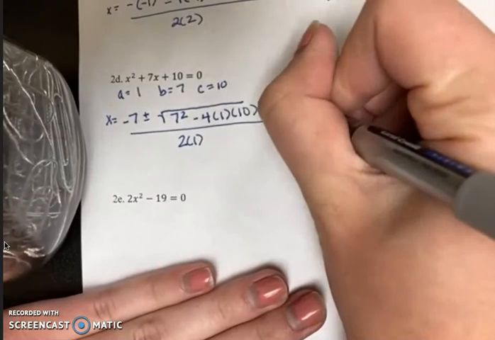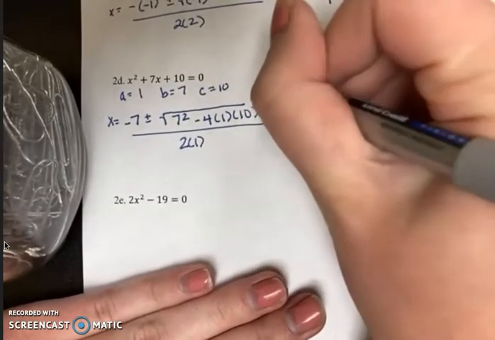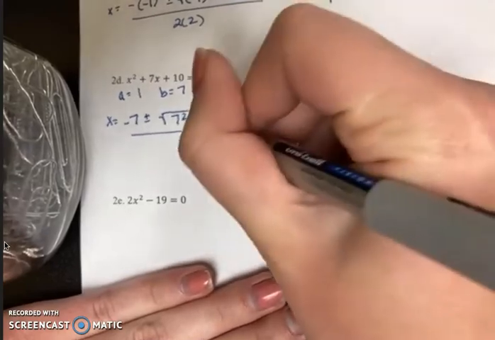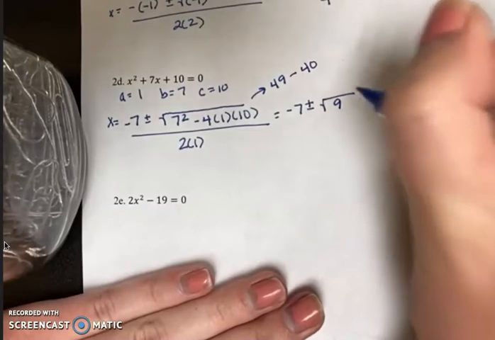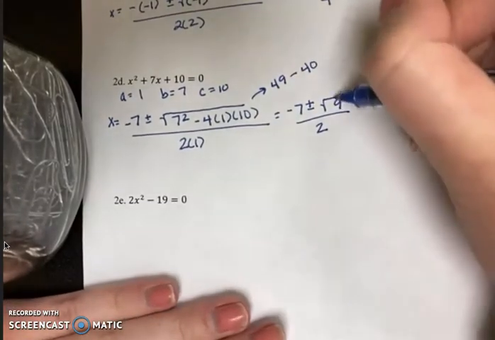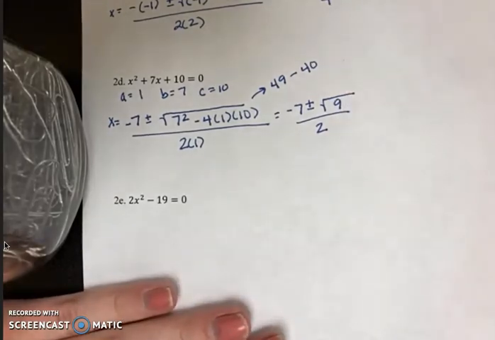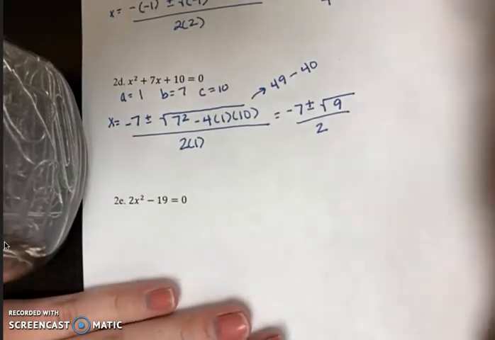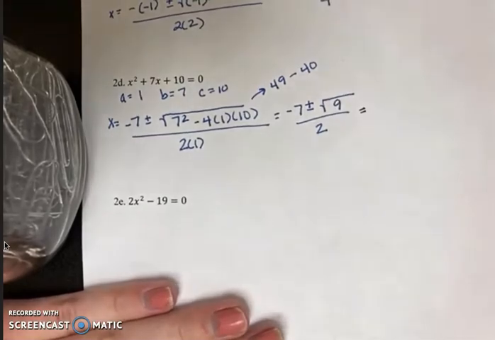I have negative 7 plus or minus the square root of 7 squared is 49 minus 4 times 1 times 10, that's 40. So 49 minus 40 is 9 over 2. Notice how I have a positive discriminant, so I know that I'm going to have 2 real solutions. If you want to make a note, you can. We're going to have 2 real solutions, otherwise I'm going to keep going forward.